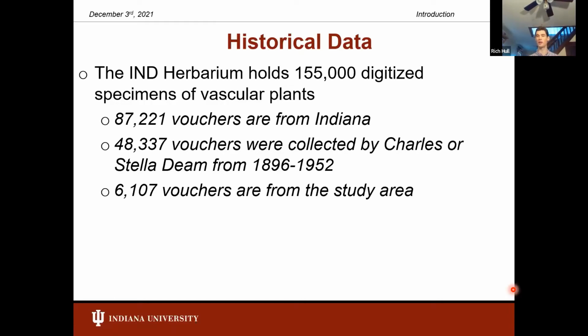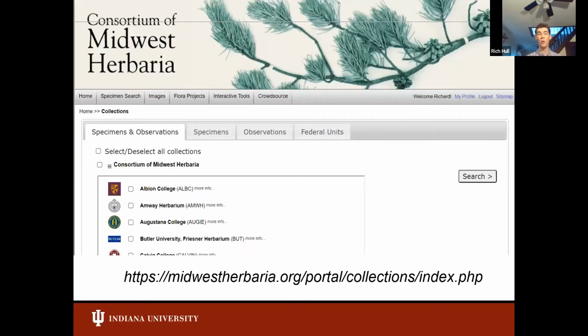So this really provides a window into the past for us to perform a comparative analysis. I wanted to illustrate that this data isn't just available to myself as a researcher. It's available publicly to the public online. So here we have the website, the Consortium of Midwest Herbaria. So this website contains digitized data from herbaria throughout the Midwest.